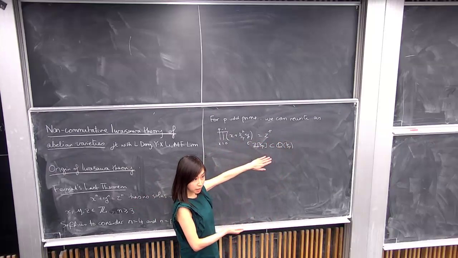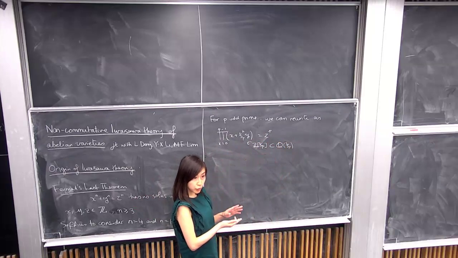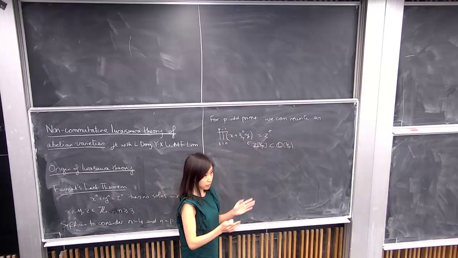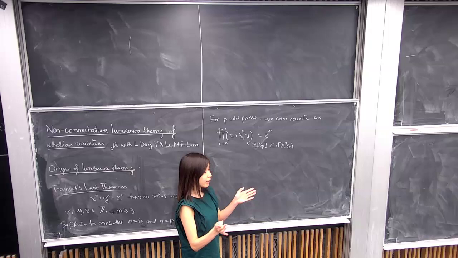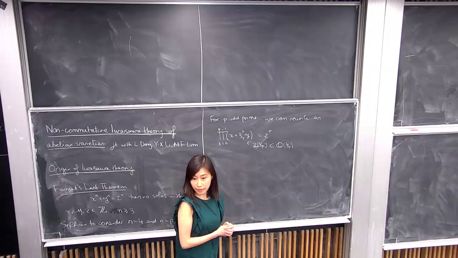So here comes the concept of the ideal class group, whose order measures the arithmetic complexity, or how far away this ring is from being a unique factorization domain.